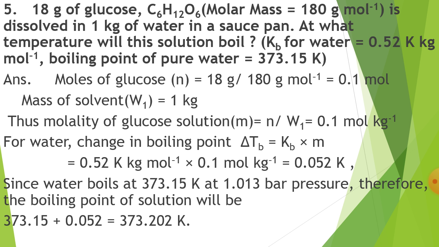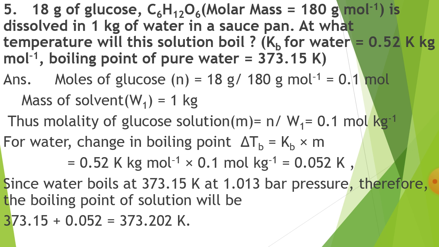Now the last question, question number 5. Again it is also a numerical. 18 gram of glucose, molar mass and formula given, is dissolved in 1 kg of water in a saucepan. At what temperature will this solution boil?